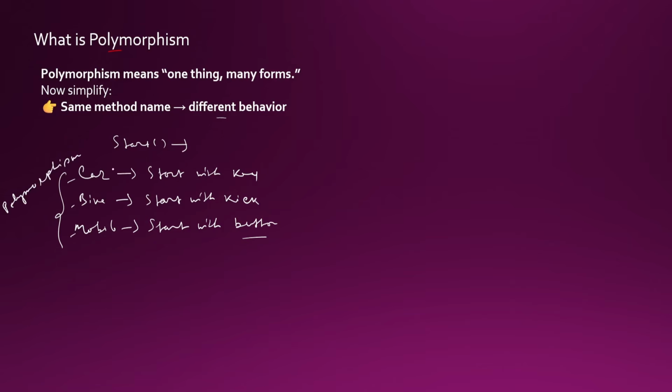That means when my action, that is the method, is the same but it behaves differently with different objects, it is called polymorphism. Now for a very common example, suppose we use print everywhere, right? If we write print and try to print a list, it will give me an answer like this. If I write print and try to print a dictionary, it will give me the answer like this.